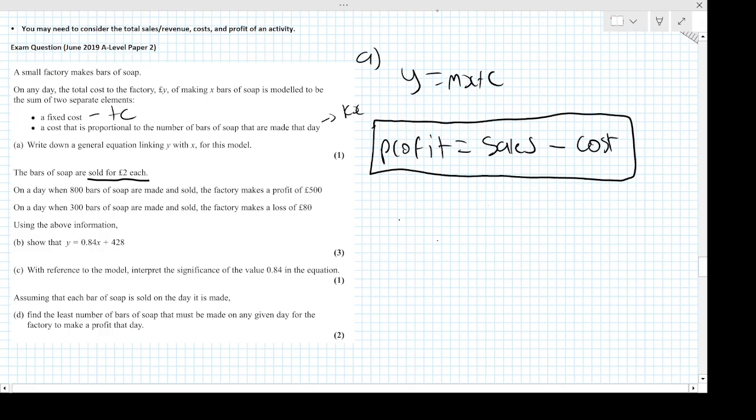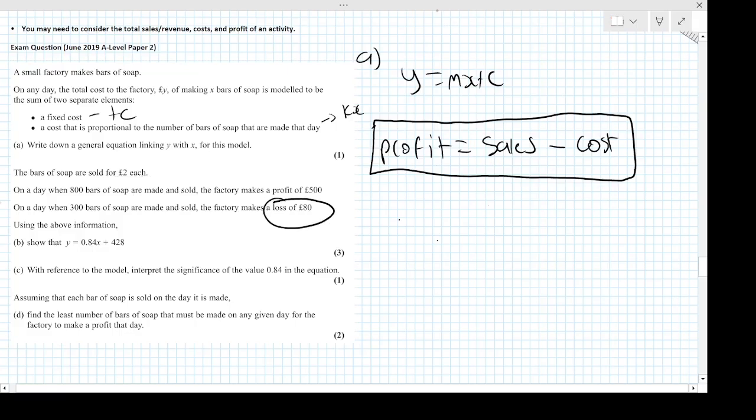So again, in this case, the bars of soap are sold for £2 each. So for each bar of soap, the sales is £2. Then the cost of each bar of soap, I don't know what that is, but if you take that away, you get the profit of selling a soap. Profit can also be negative if it costs more than it does to sell it, and you can see that here.